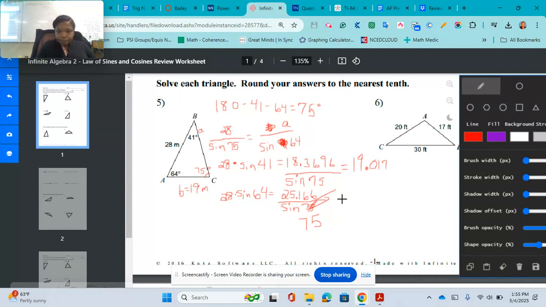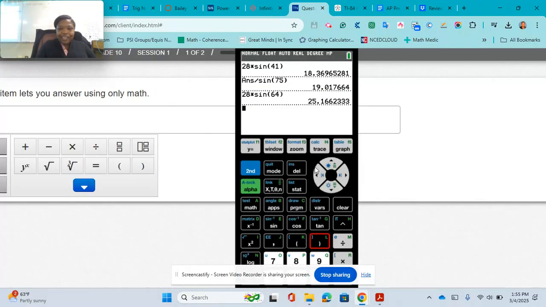All right. So divided by the sine of 75. In parentheses, enter, and we have 26.05.